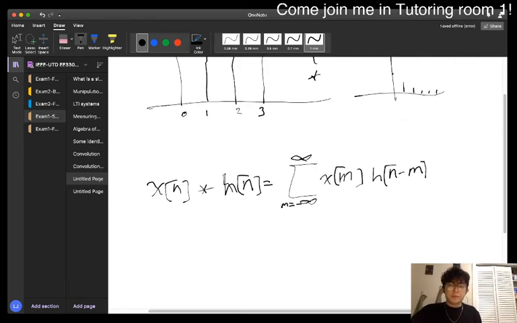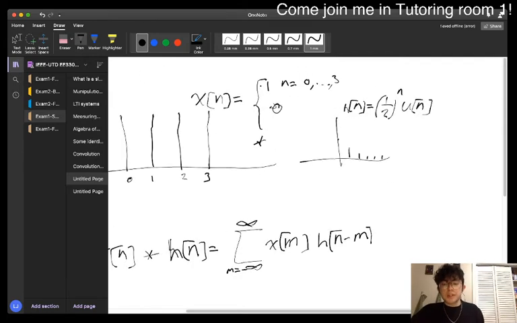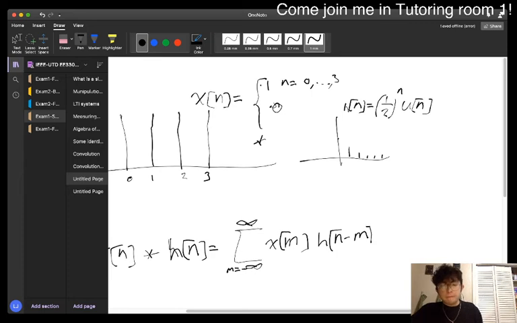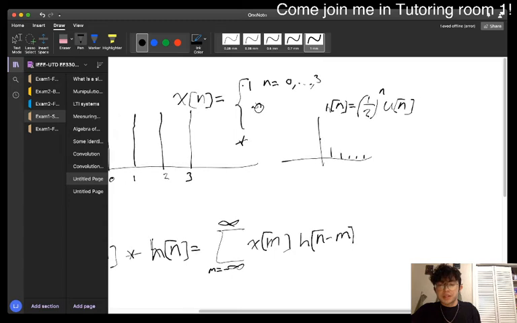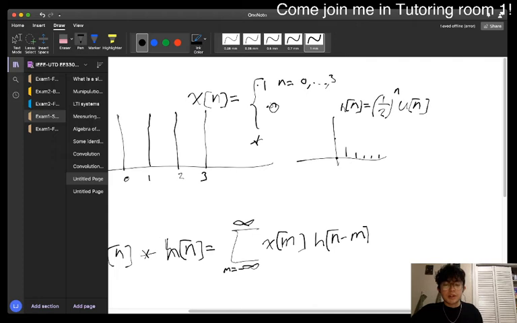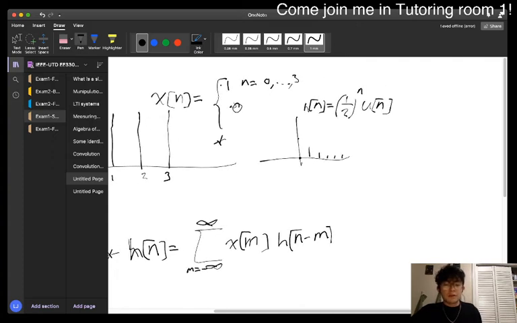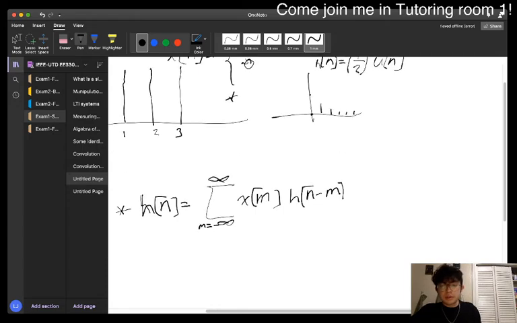But notice that this signal is what we call causal. So basically everything is to the right of the y-axis. There's nothing on the left. So this tells us that we can cut off the left part of our sum here.